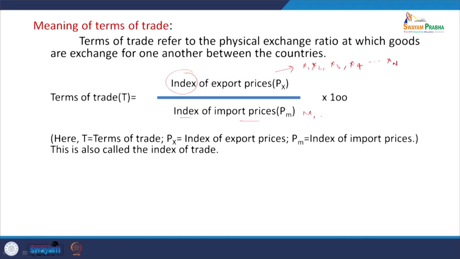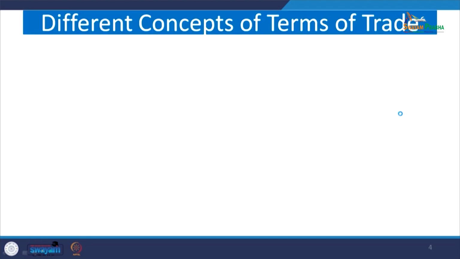Similarly, M1, M2, M3, Mn products are imported. So, an index of their prices or the average prices, with weighted average or not, we will think about in our measurement issues. Those are very important to calculate the terms of trade.